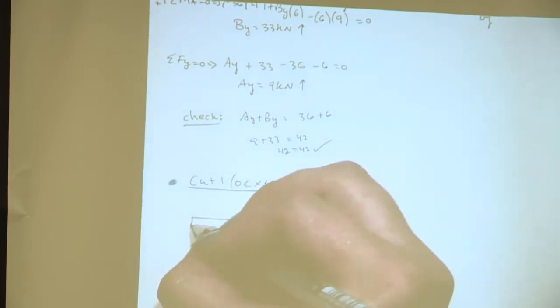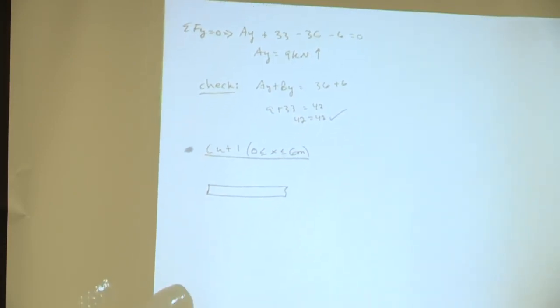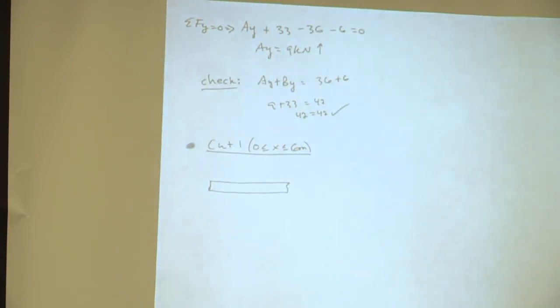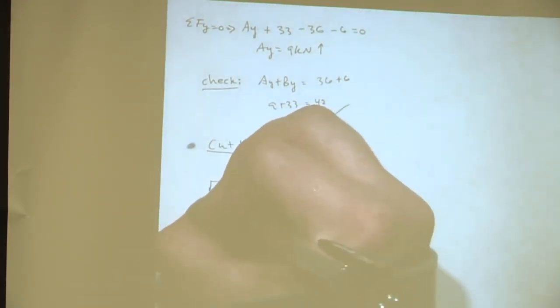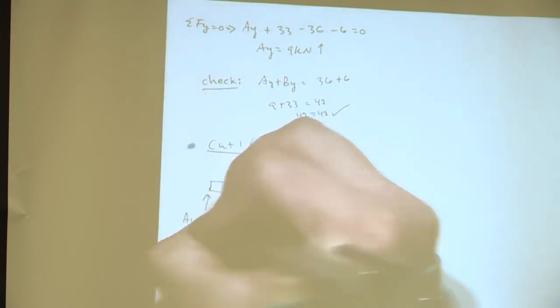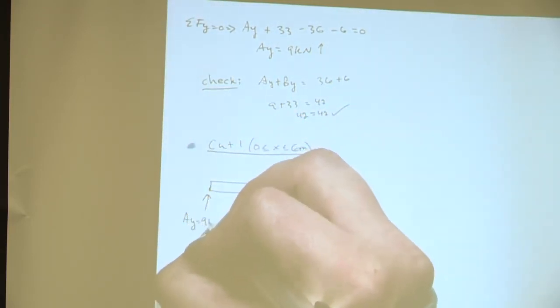And what should we have on our free body diagram? AY. So we need AY is equal to 9 kilonewtons. What else?